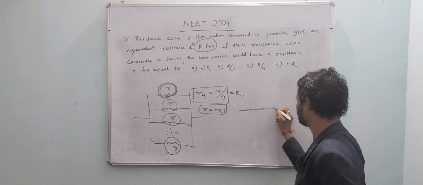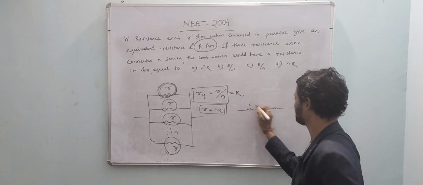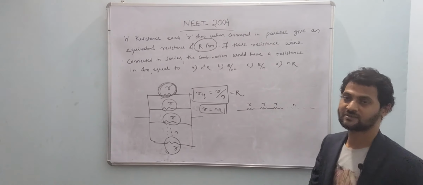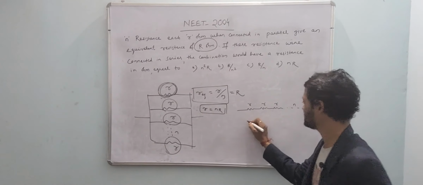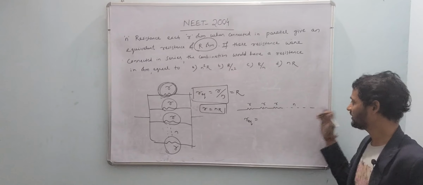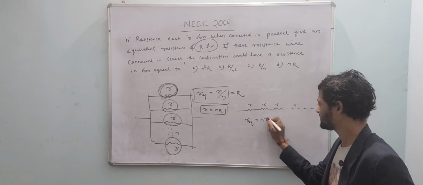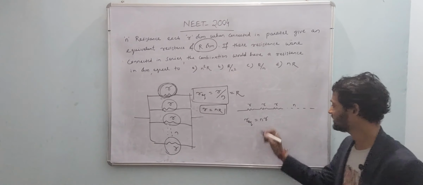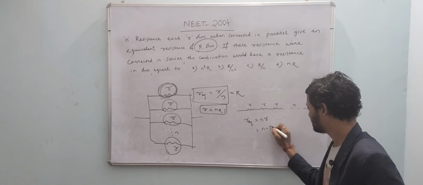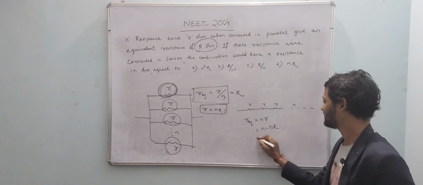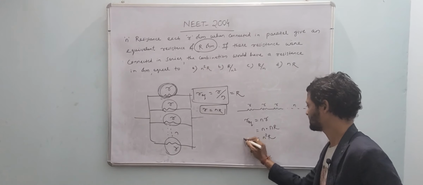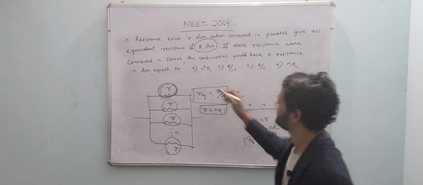Now n number of resistors are connected in series. Then what is the equivalent resistance? Tell me. R1 plus R2 plus R3 up to n number. Then we can write it as nr. Right. So in place of small r, we can write N into capital R. So the answer will be N square into R. So the equivalent resistance is N square into R.